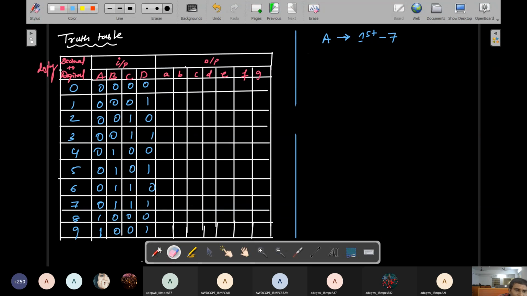First 7 digits put 0 only. Okay, so remaining ones. And come to the B terminal.